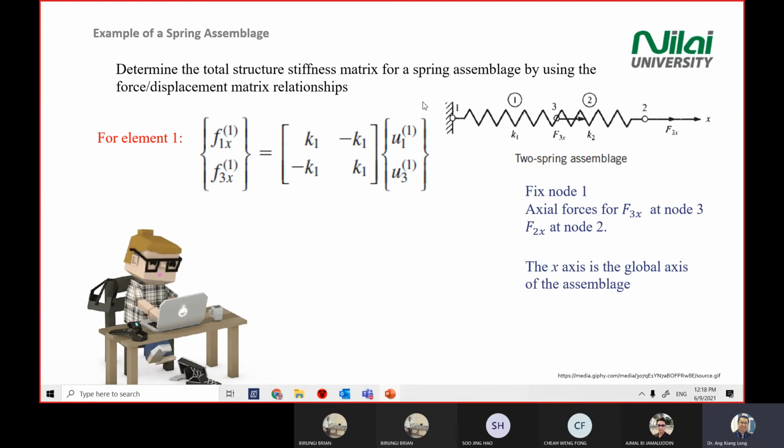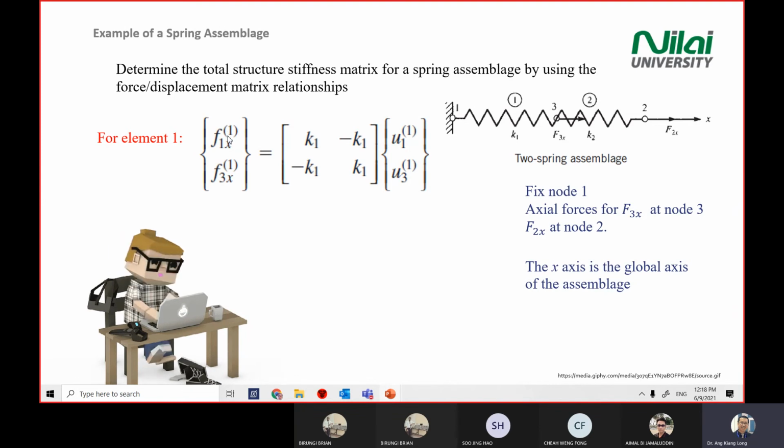Since you're having two elements, we need to carefully denote or write your equation correctly. If you're referring to the first element, point 1, you write F, and since we look at the element, we use a small f, sub 1x, and then on the top here, we write 1 in brackets.